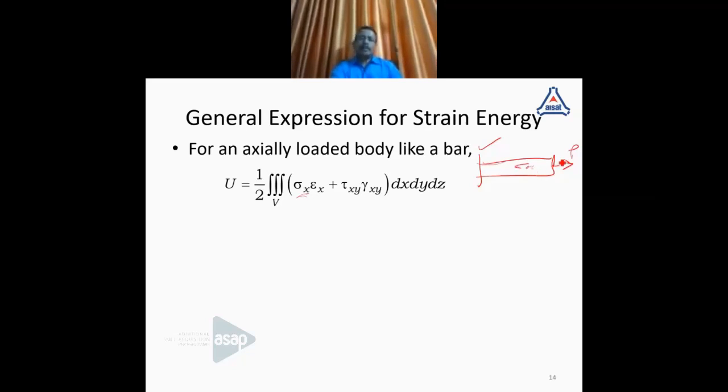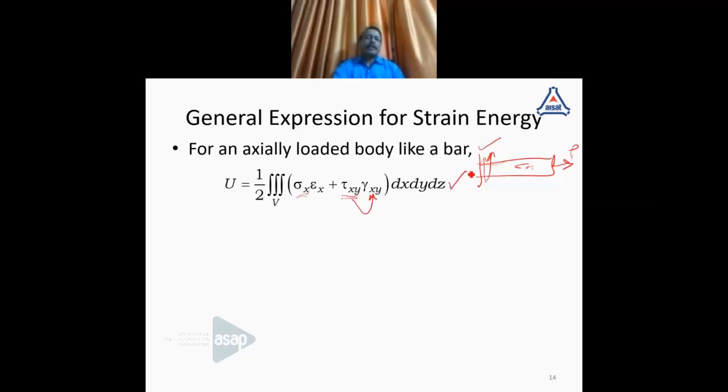And at the same time, due to the load applied along the x direction, there can be a shear stress developed along the y direction, and that may lead to a shear strain along the y direction.